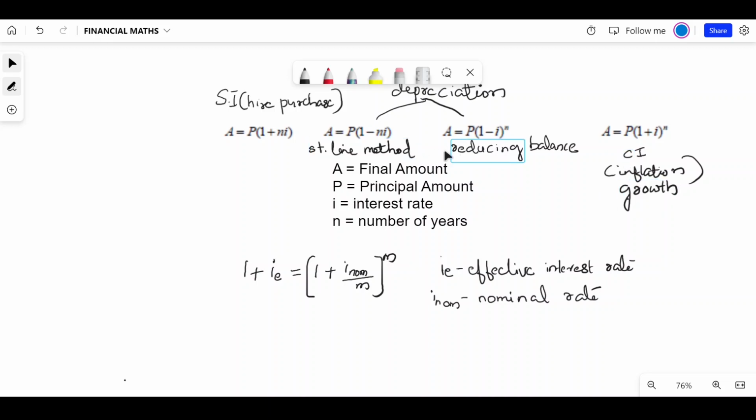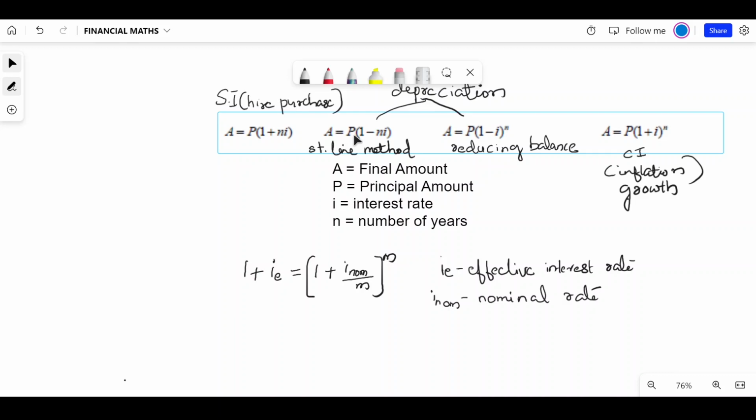In the depreciation formula also, P stands for the price when you buy something, so depreciation already happens with the items bought. You bought a car, then after 5 years the car doesn't have the same value, it's now depreciated.